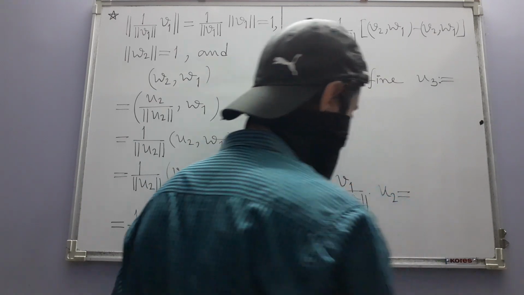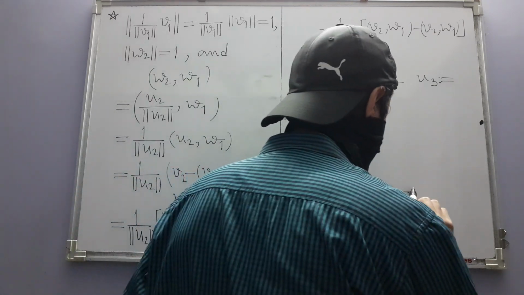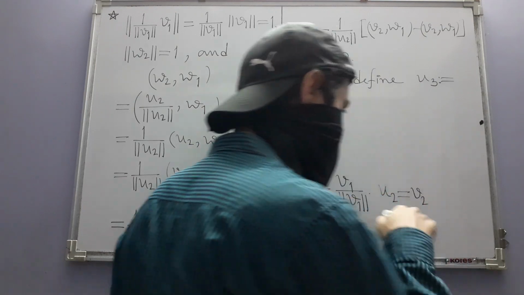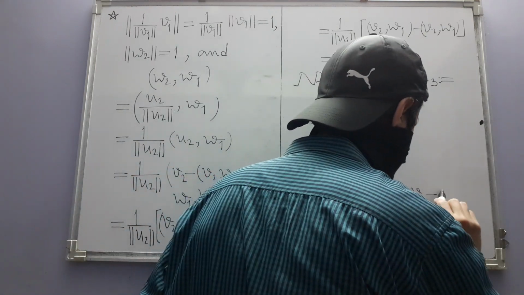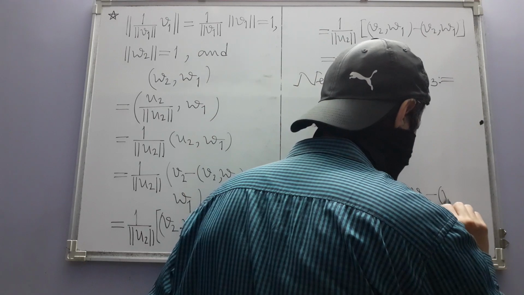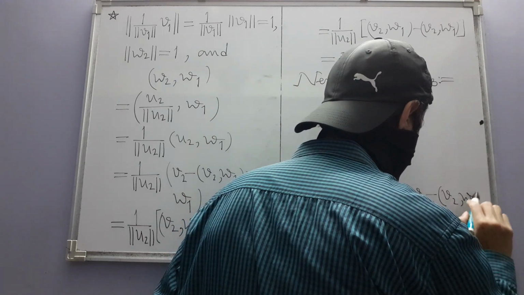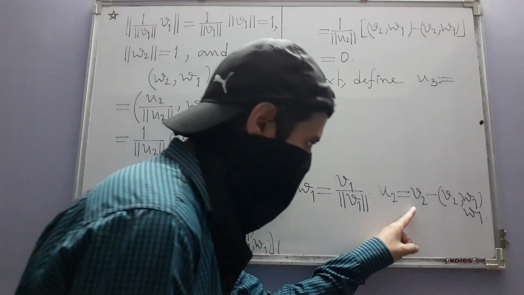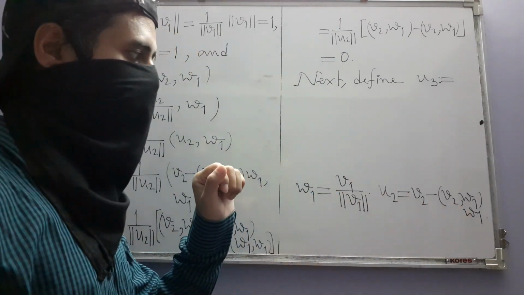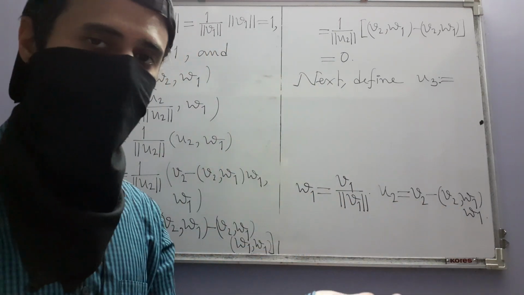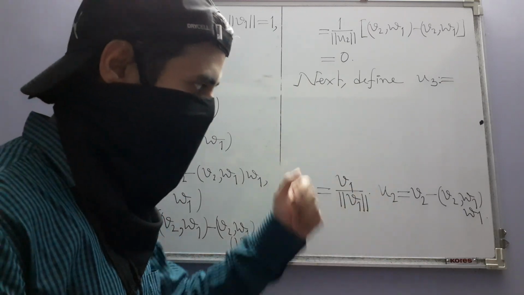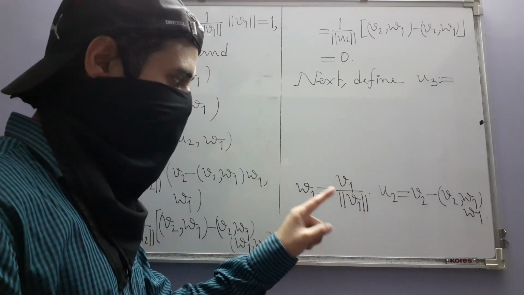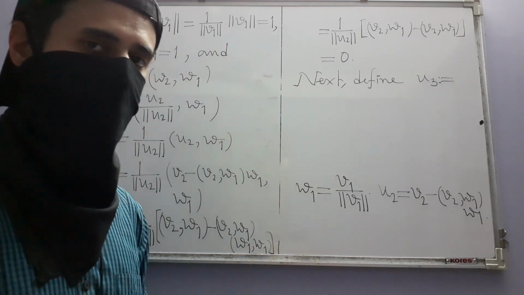First we defined U2. U2 is defined using V2 and W1 of course. This form makes sure that the W2 that you are going to define from this is going to be orthogonal to W1.